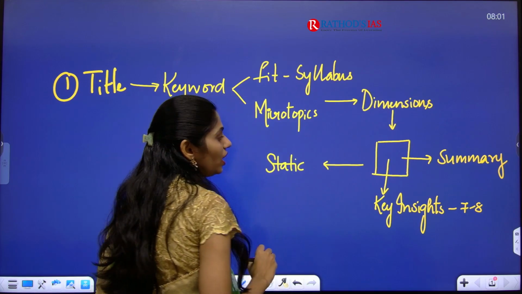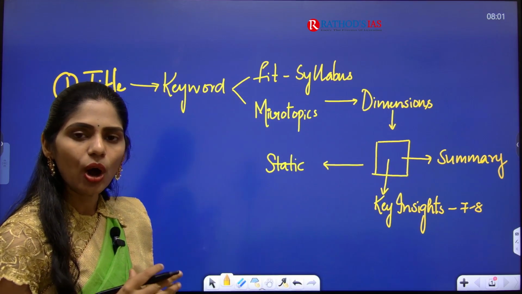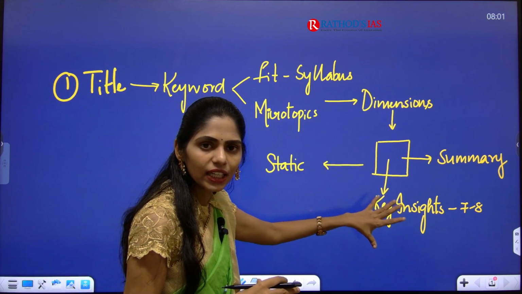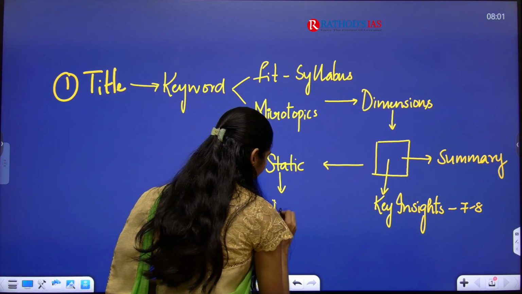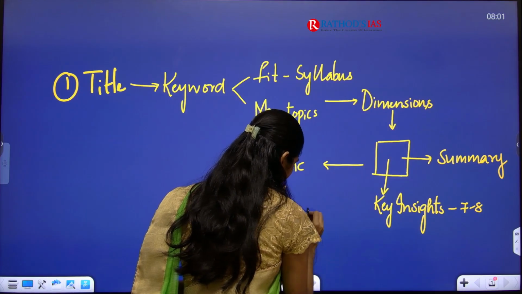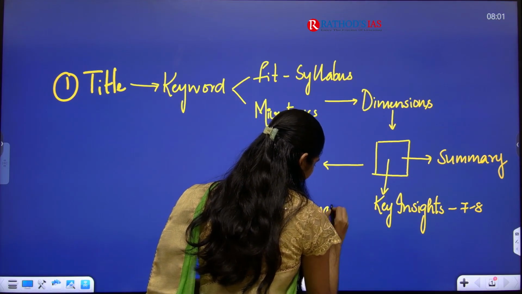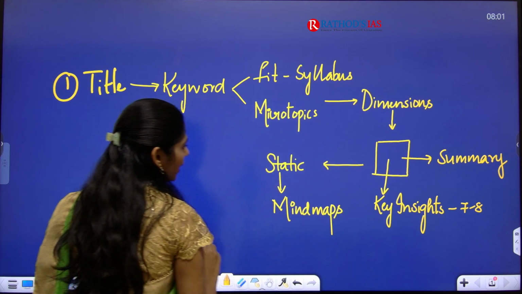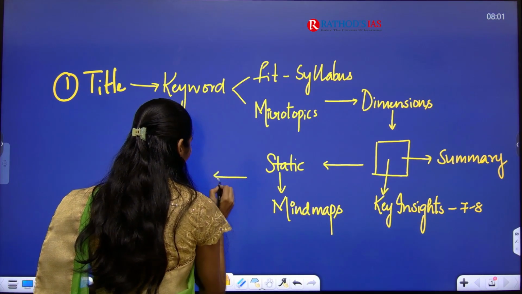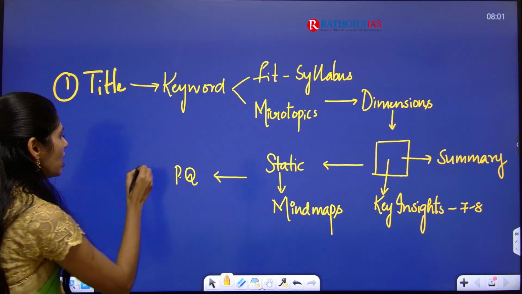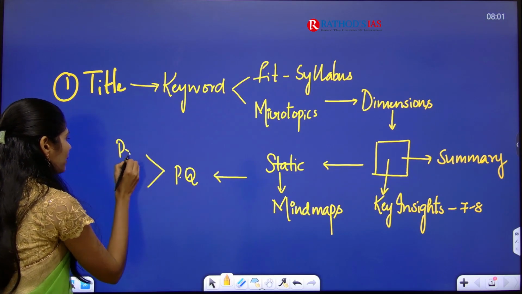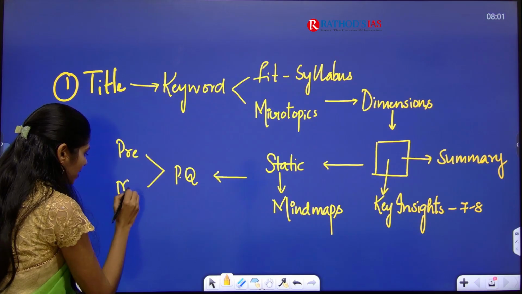In this way, we are reading current affairs in a comprehensive manner, interlinking dynamic with static. Here, I will be providing you mind maps so that you can easily remember them. And after seeing mind maps, I am going to give you practice questions, both prelims based questions and mains based questions.